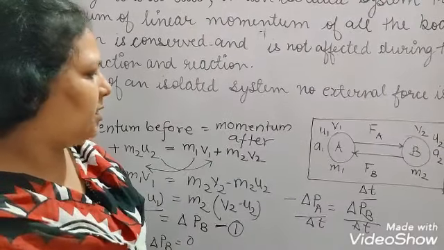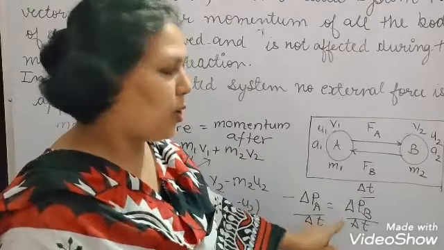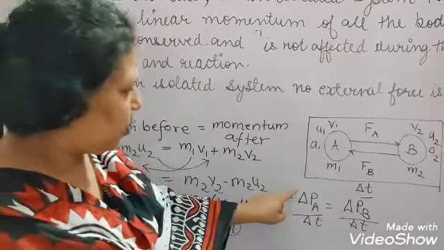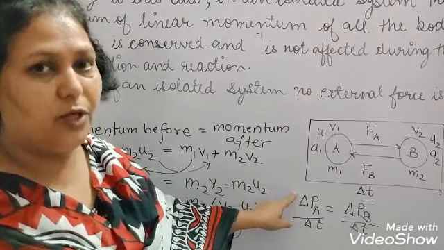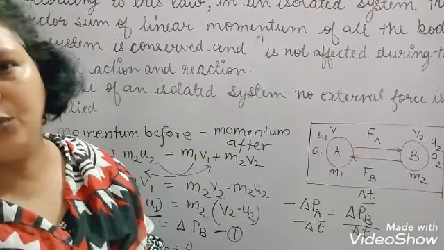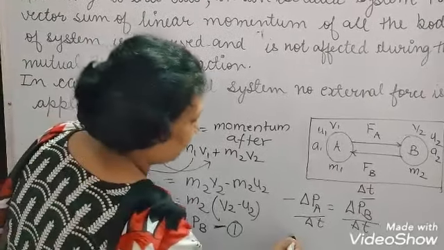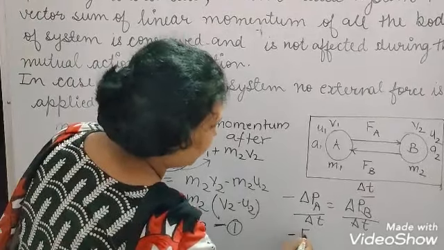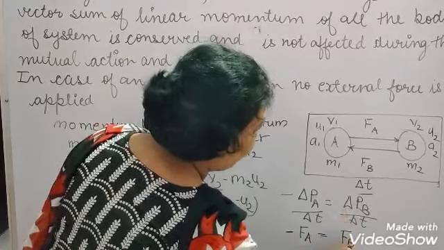So it is minus del PA upon del t, and this is del PB upon del t. According to Newton's second law of motion, we know that the rate of change of momentum is equal to force. So here the rate of change of momentum is equal to force. We can write this FA, we can write this FB here.